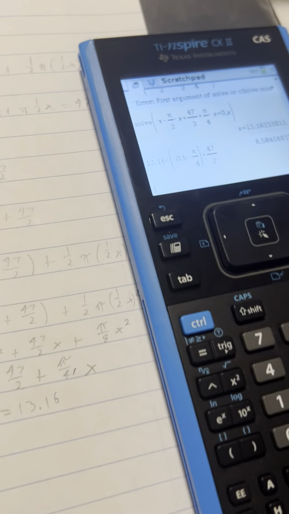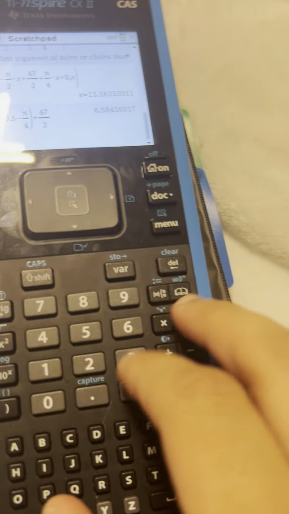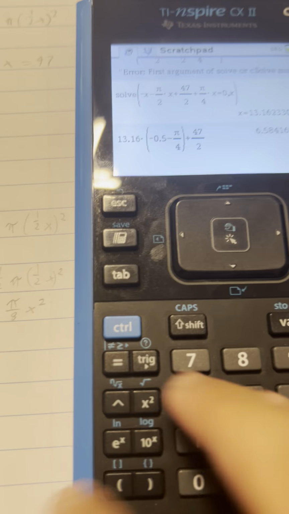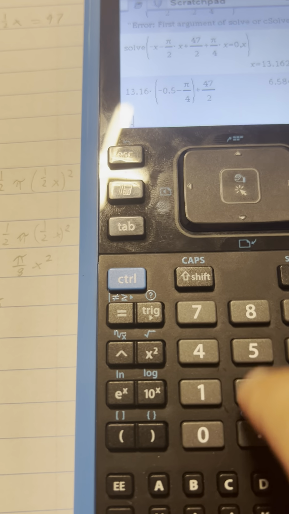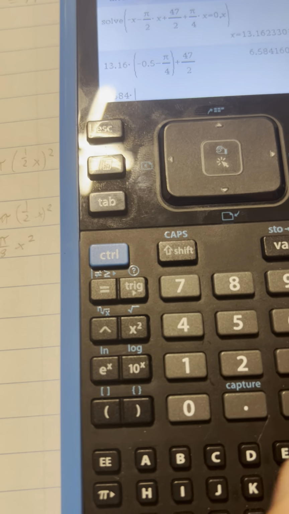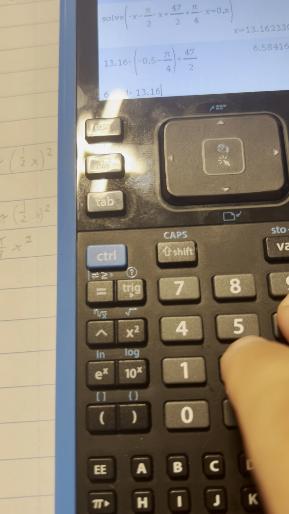So we're going to take the x and plug that in again. More calculator work. It's kind of boring, but it is what it is. So 6.584 times 13.16.